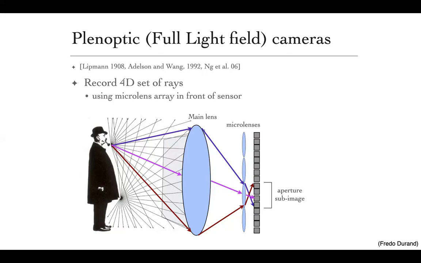4D light field camera using optics, because basically we want to record this 4D set of rays, right? And so basically we have two sets of lens. One is the main lens of the camera, so like a big lens in front of the camera. But then in the sensor, we put micro lens, like tiny lens that you could imagine corresponds to a super pixel, right?